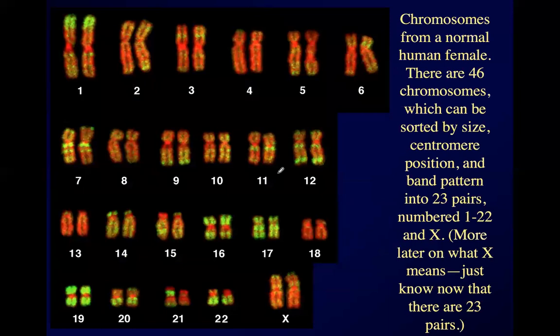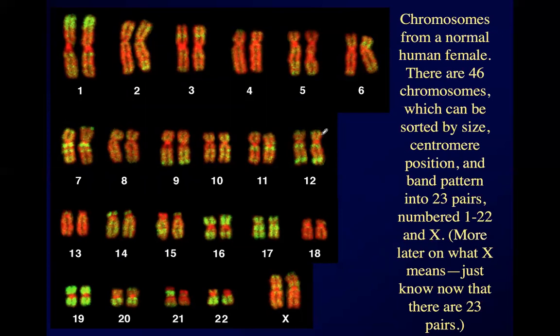So these happen to be chromosomes from a normal human female, and there's 46 of them. That is the pattern for normal human beings in general. We've all got 46 chromosomes per cell.